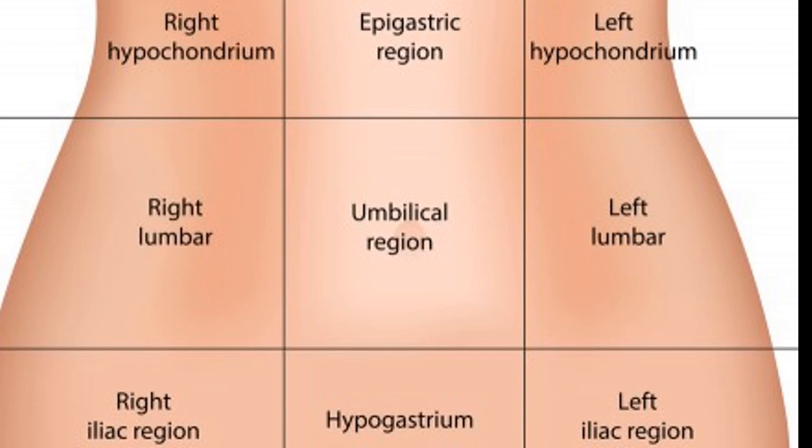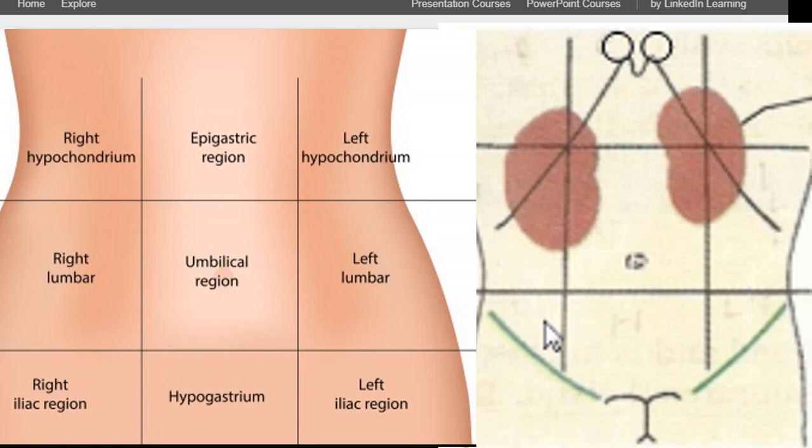So the kidneys are located in these 6 upper regions of the trunk: the epigastric, the hypochondriac, left and right, the lumbar, left and right, and the umbilical region.